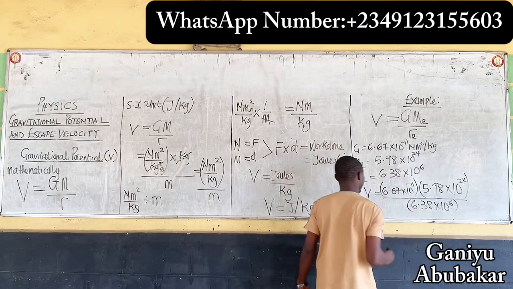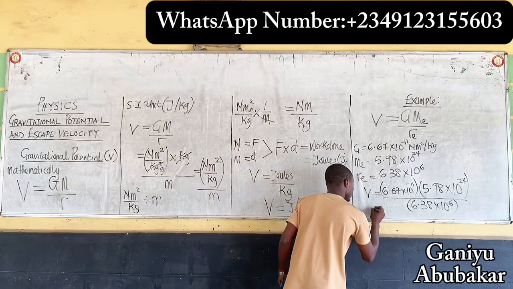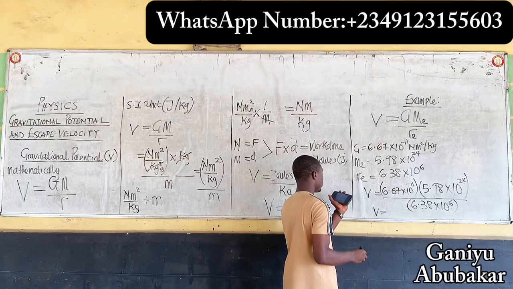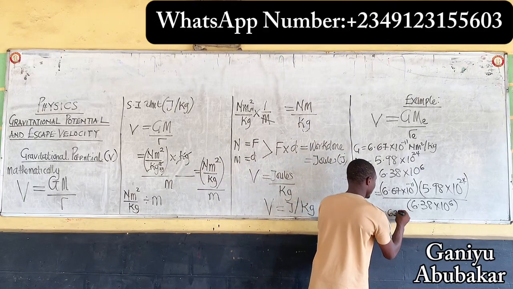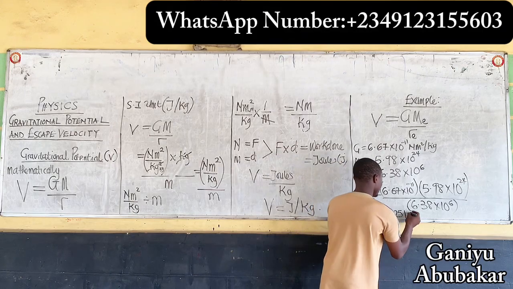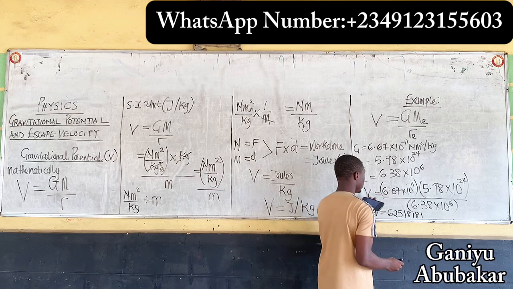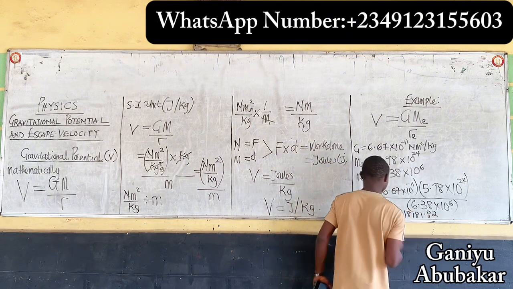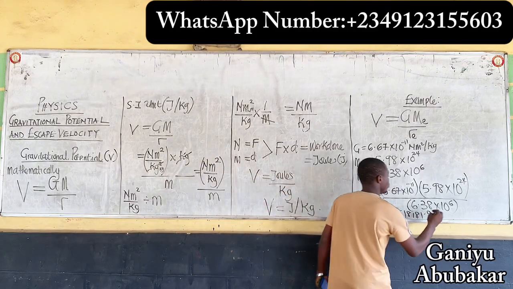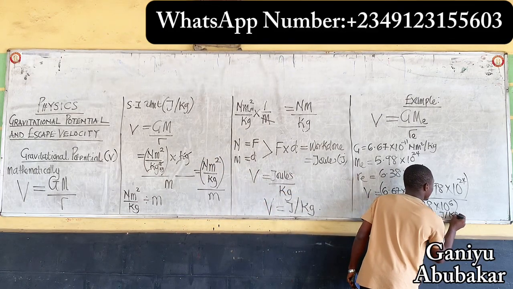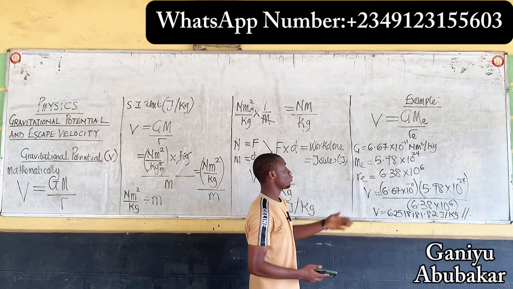To save time, press the calculator straightforward. V is equal to 625,181.82. V is in joule per kilogram. So I have joule per kilogram. This becomes my answer to this particular question.